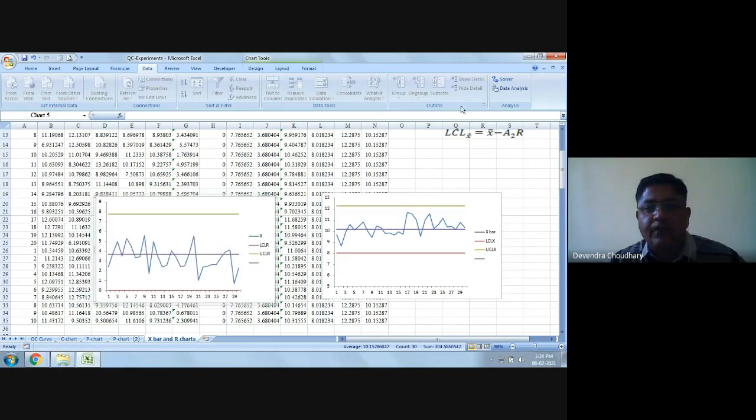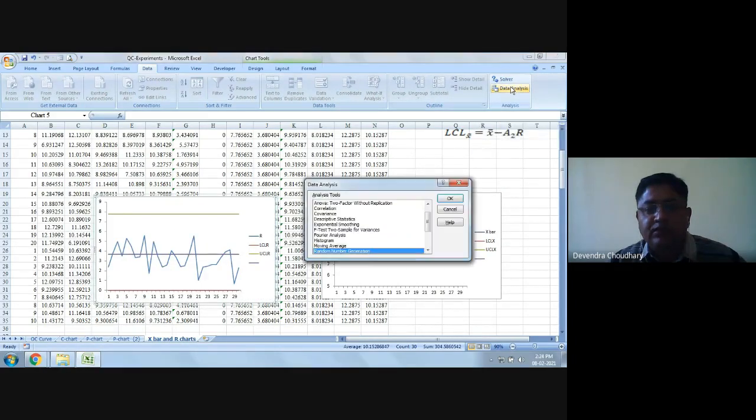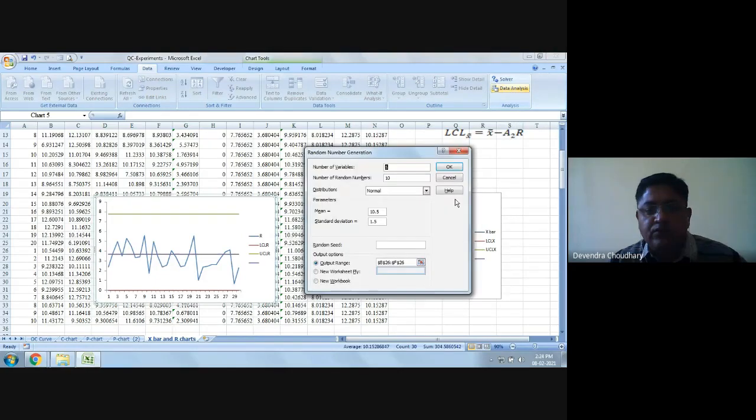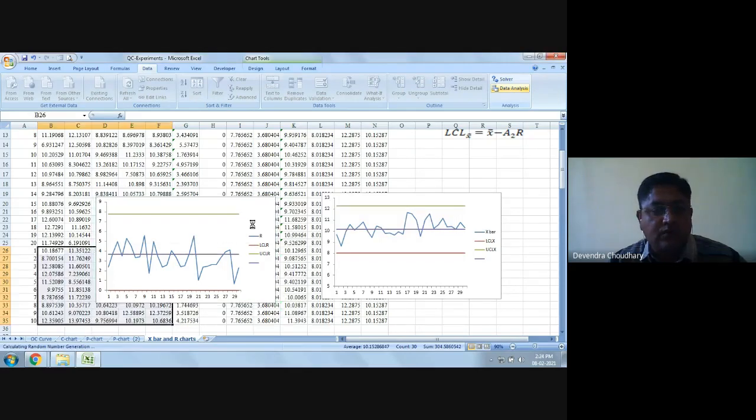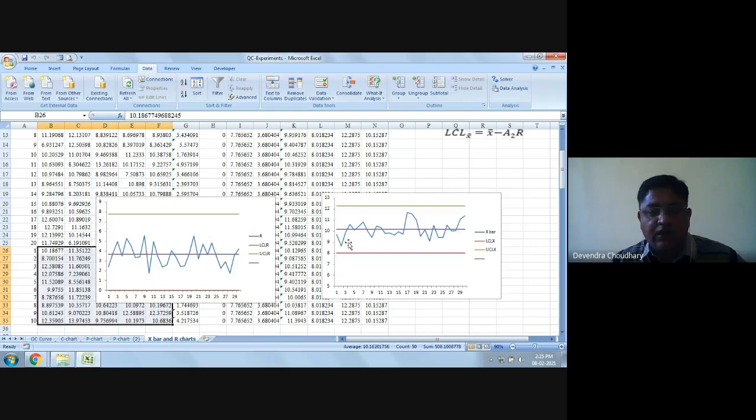Okay, so I repeat my experiment. So let's say earlier it was 10. I will show how it will appear, 10. Here it was appearing 10. So you see both my charts are within control.